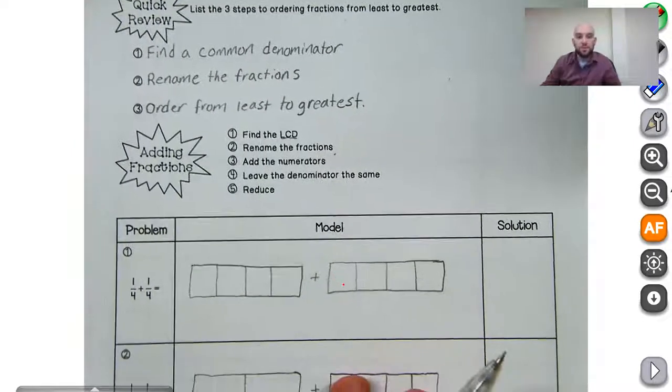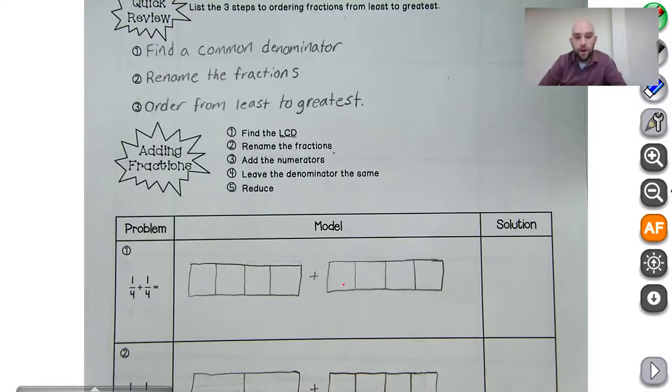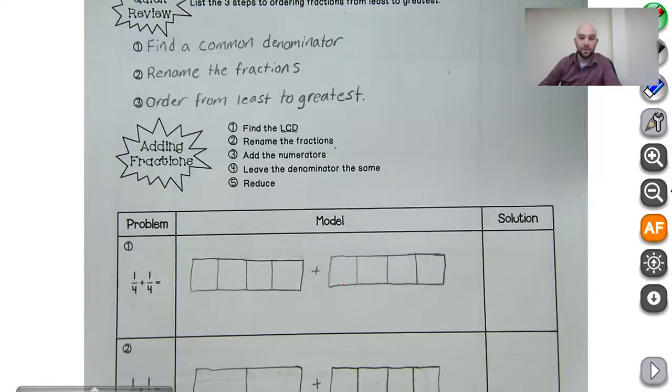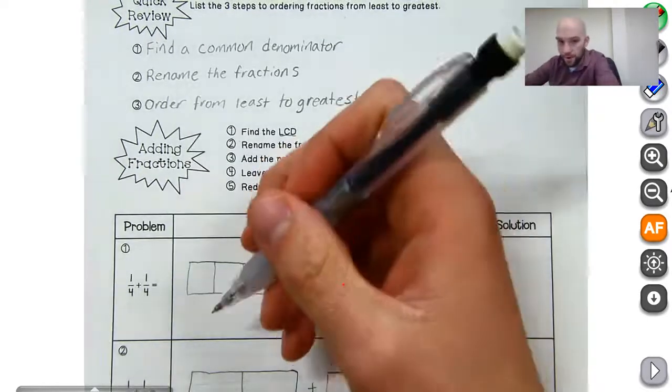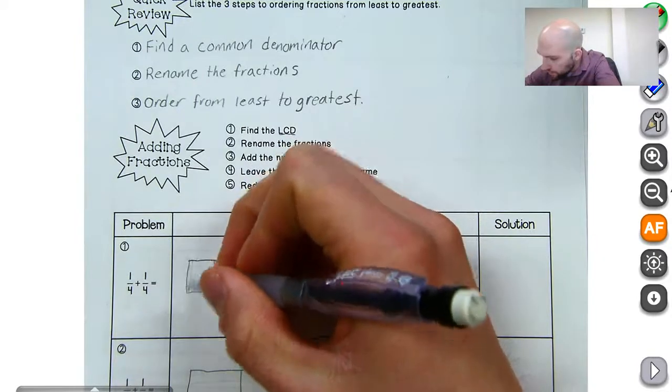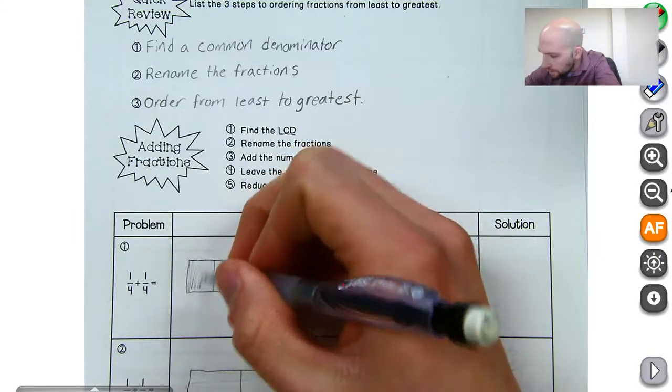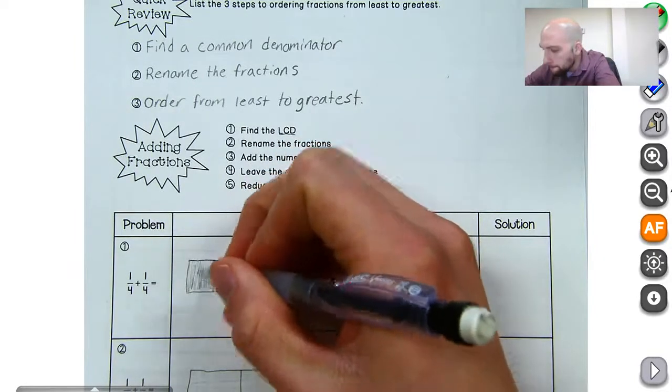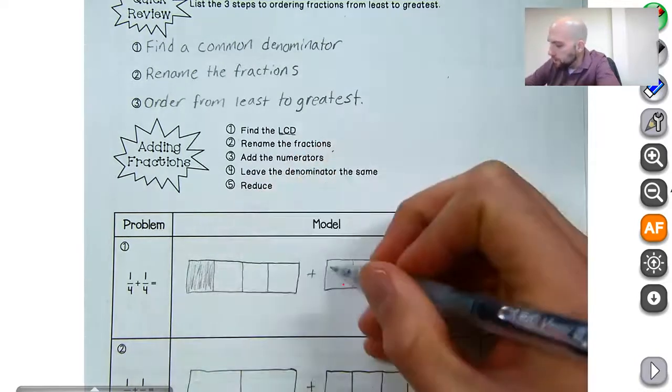We're going to use models today to help solve these adding fractions problems. And if you look at number 1 here, it says we need to do 1/4 plus 1/4. So these fractions already have the same denominator, so this should make things a little bit easier for us. So I'll shade in 1 here. I'm going to shade 1 here.